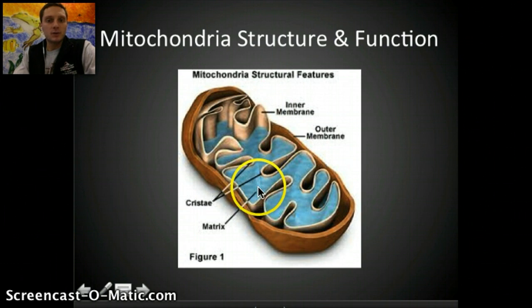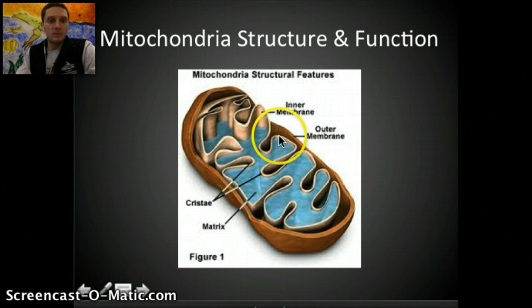The matrix portion here contains ribosomes and enzymes that are used during the Krebs cycle. The inner membrane is actually where the electron transport chain is contained and where ATP synthase is held, and that's used as part of oxidative phosphorylation to produce that ATP. The outer membrane separates the mitochondria from the rest of the cell and provides an environment for respiration.